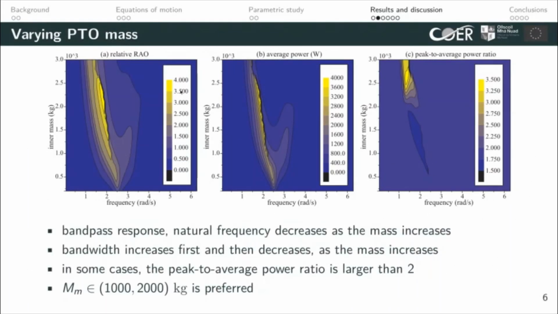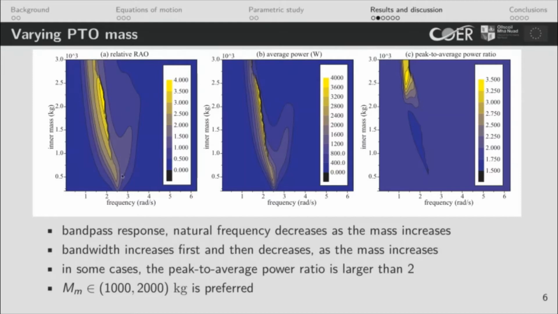By varying the PTO mass in a wide range, the contour plots of the relative RAO, average power, and peak to average power ratio are shown here with a wide range of wave frequencies. As we can see from figures A and B, the system is a bandpass filter, and its natural frequency decreases as the inner mass increases.